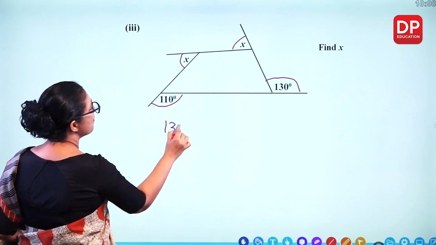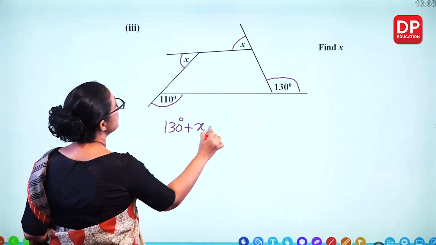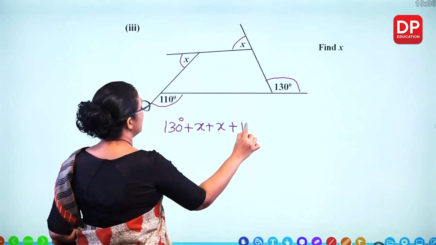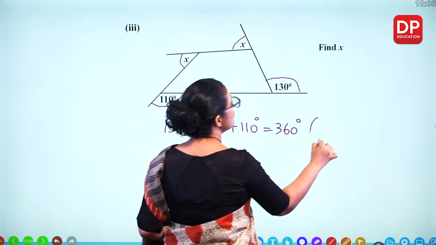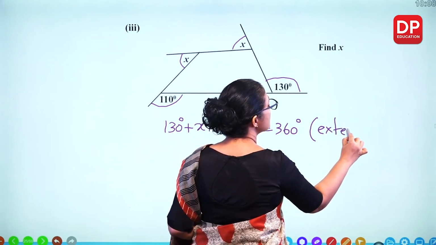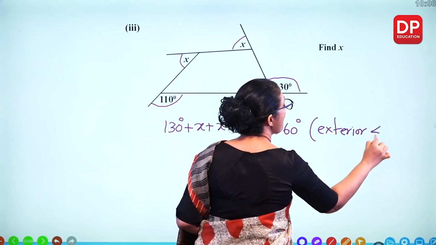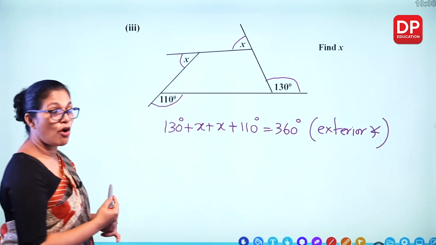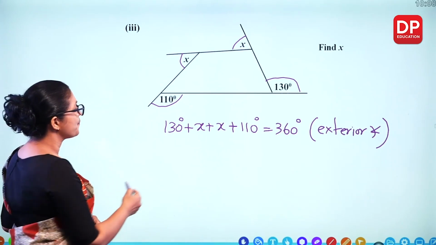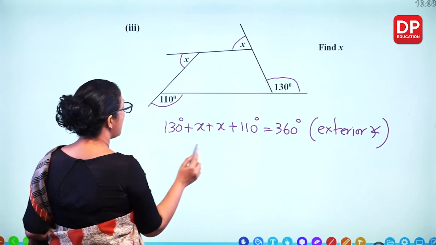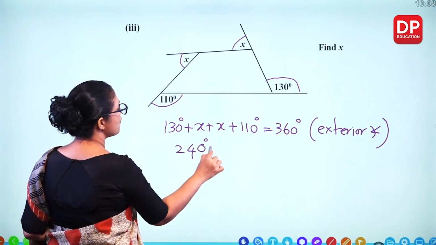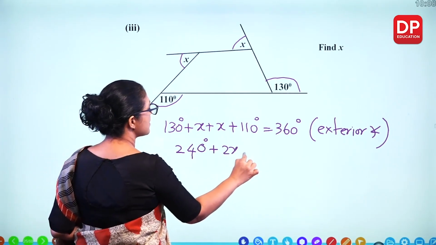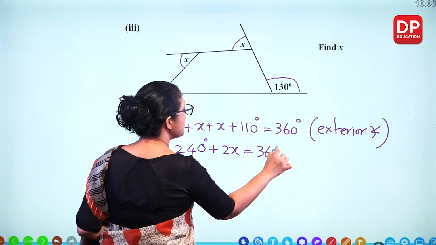So the sum of all angles is equal to 360, because of exterior angles in a quadrilateral or any polygon. So when you add 130 and 110, you get 240 plus 2x equals 360.